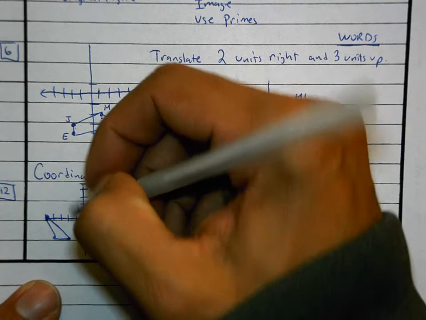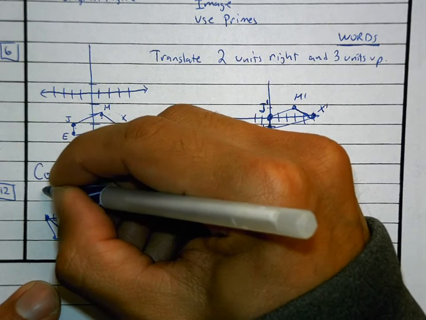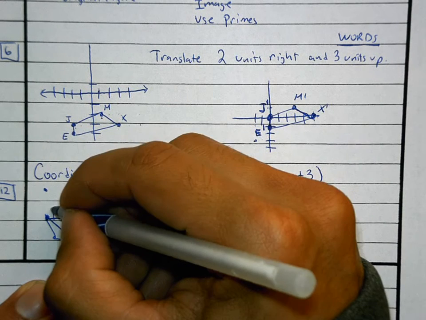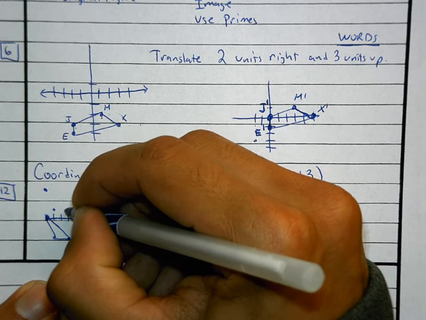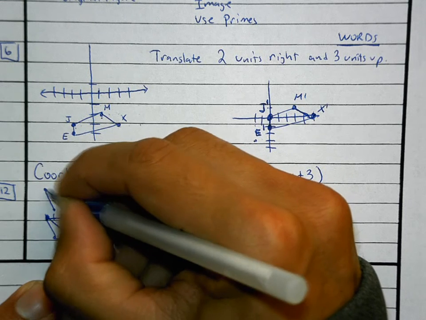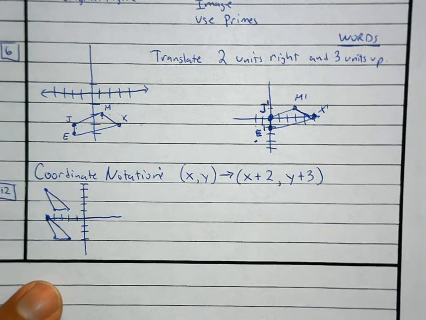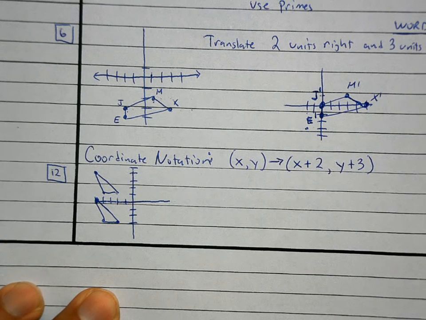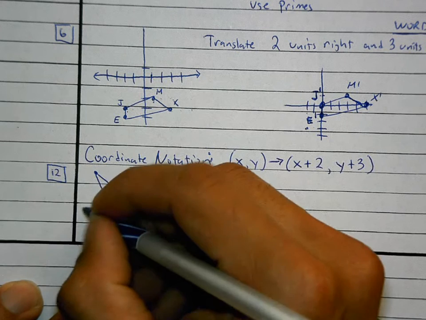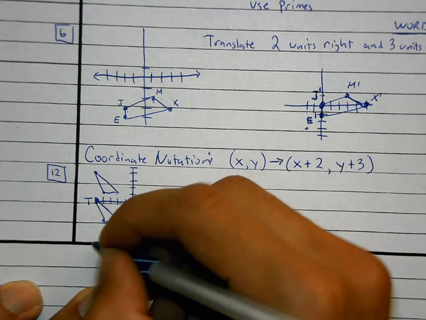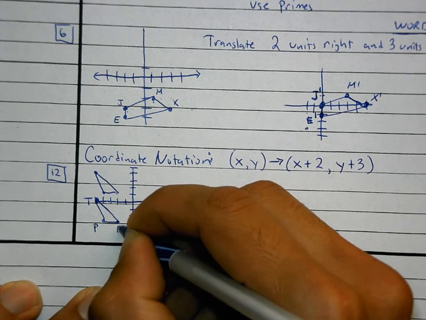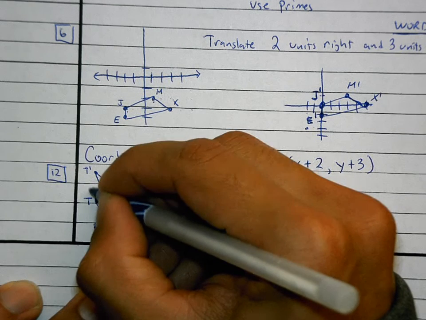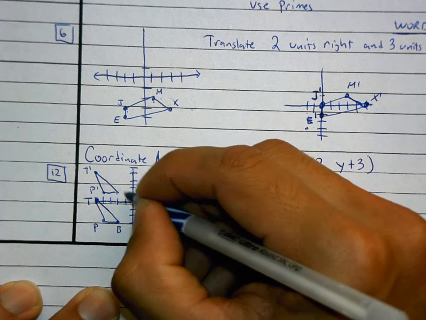The top is at 4. And it says T, P, B. Then it says T prime, P prime, B prime.